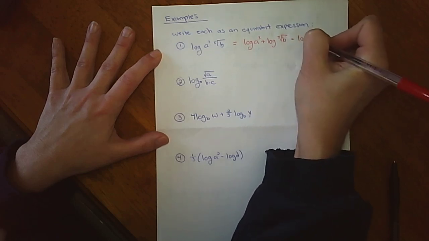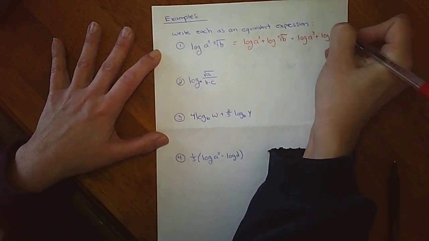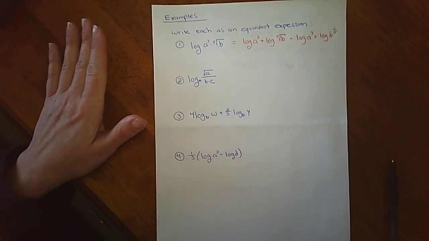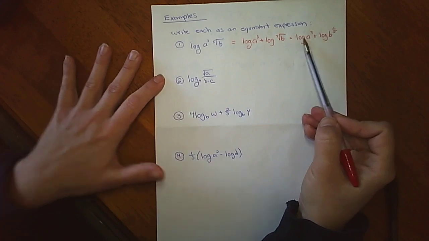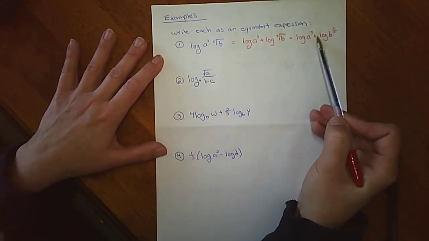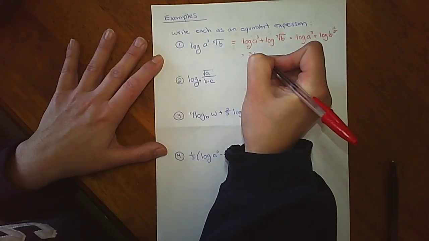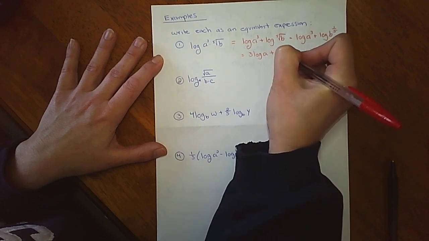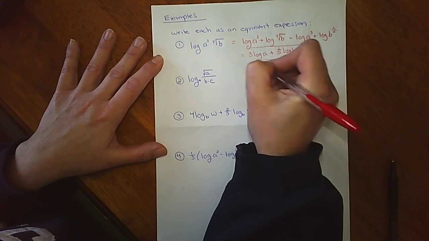So I'm going to make this log a cubed plus log, this would become b to the 1/5 power. And finally, that third rule in the equivalencies was anytime a log was raised to a power, the exponent can fall down in front and become multiplication. So this would become 3 log a plus 1/5 log b. And that would be the answer to this question.